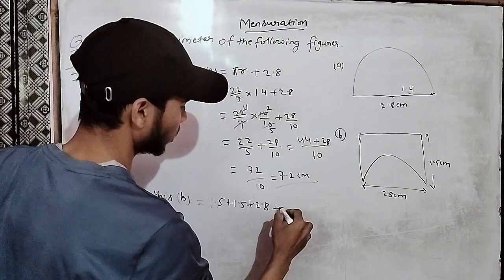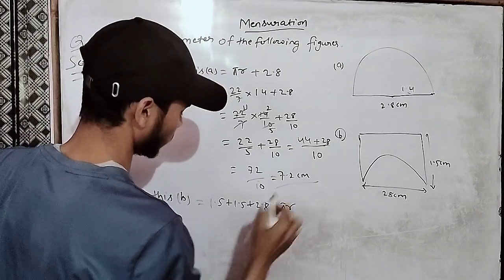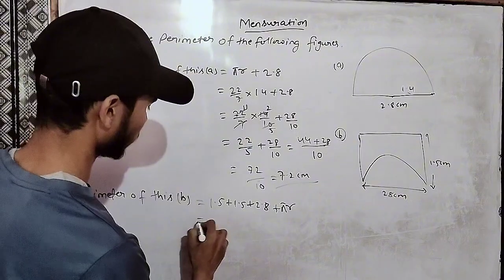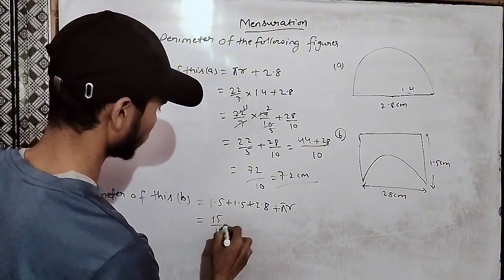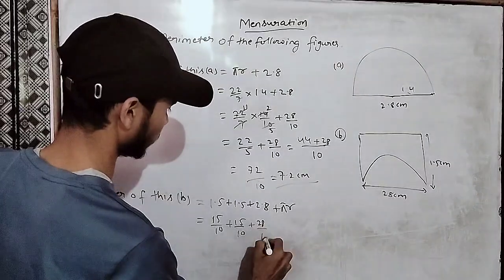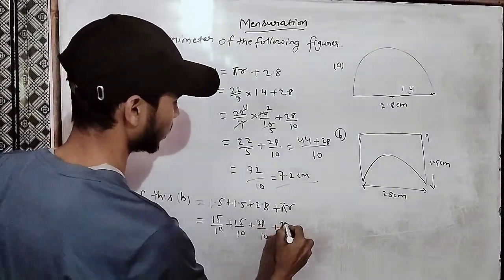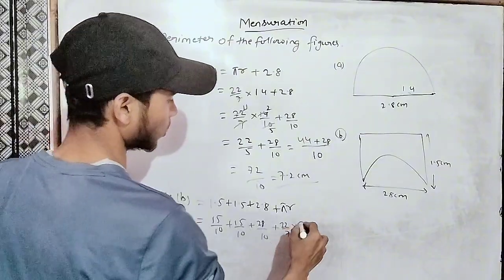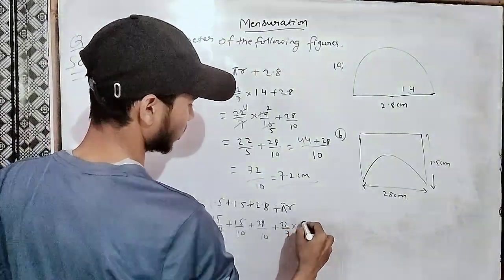Then we will add pi r, where pi is 22 by 7 and r is 1.4.